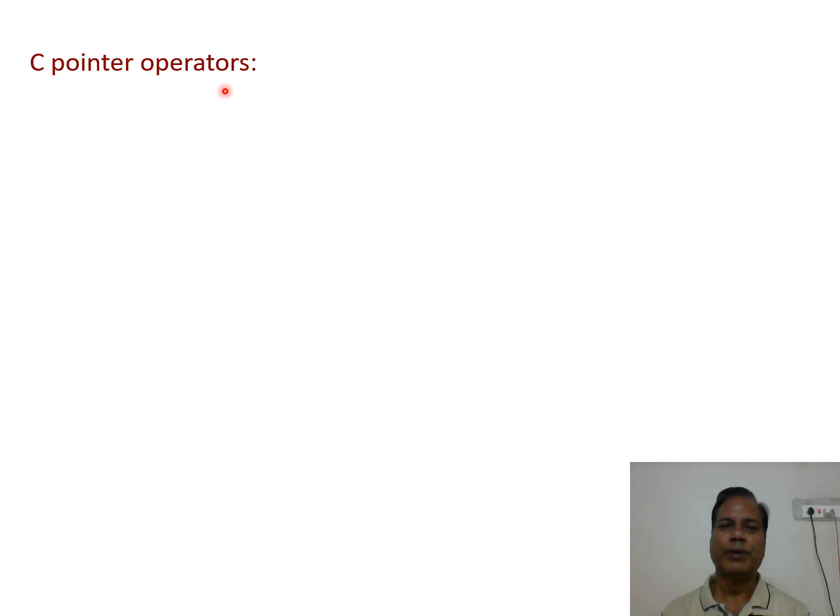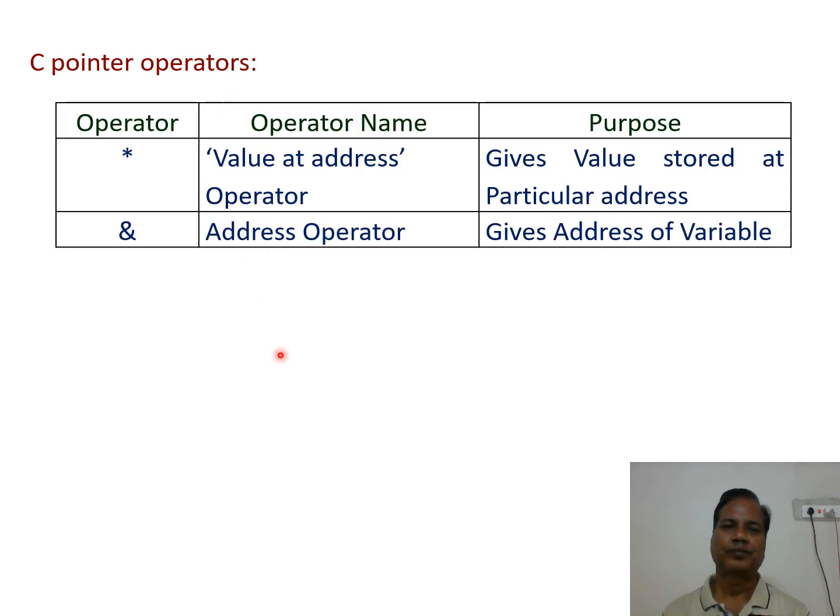C pointer operators. So these are the C pointer operators. The first one is the asterisk. Operator name: value at address operator.